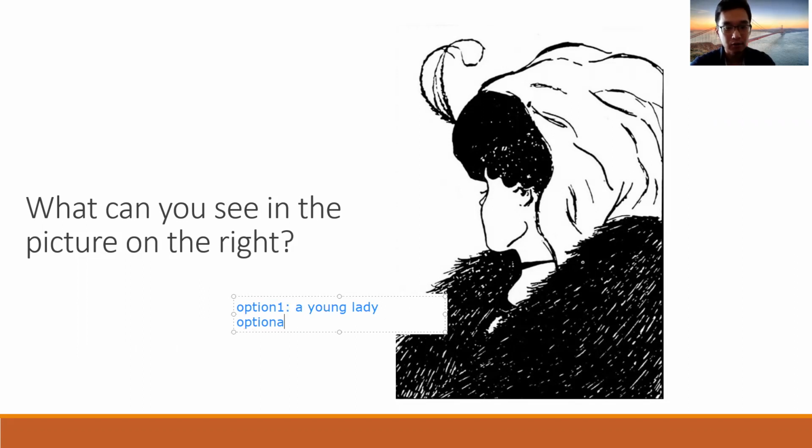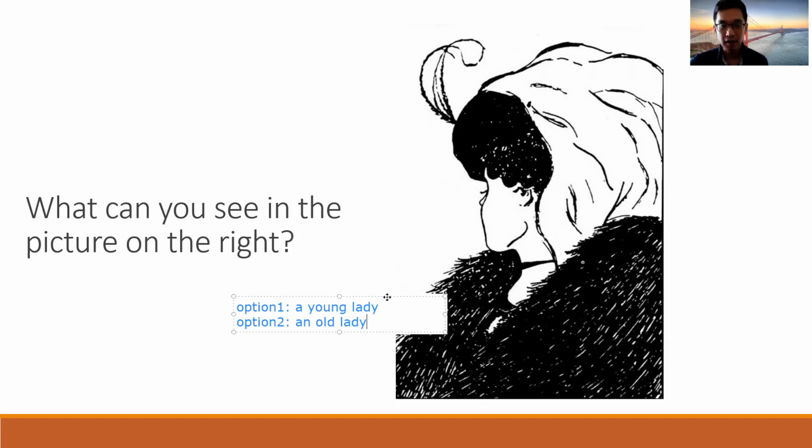And option two, an old lady. So who is it? Is it a young lady or an old lady? It depends on how you see it, right? Some people can see a young lady, but some people can see an old lady.